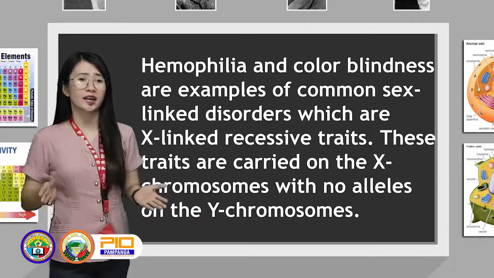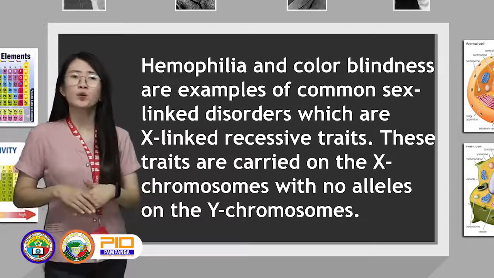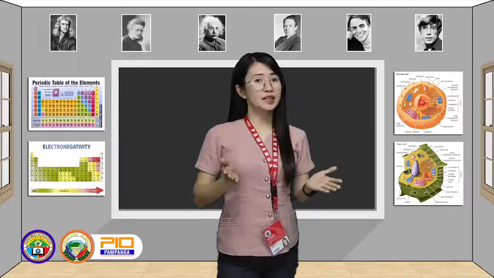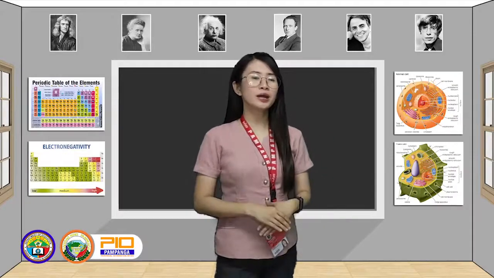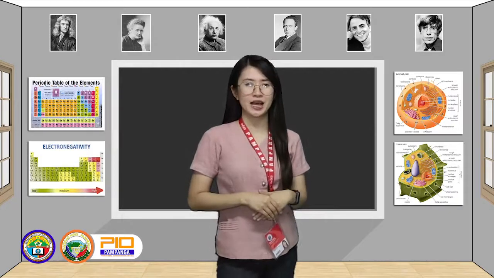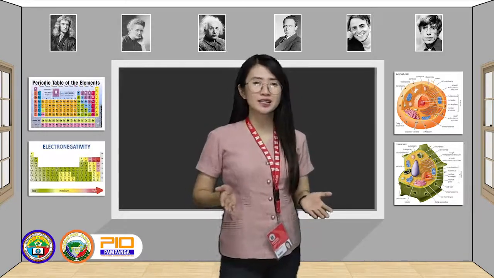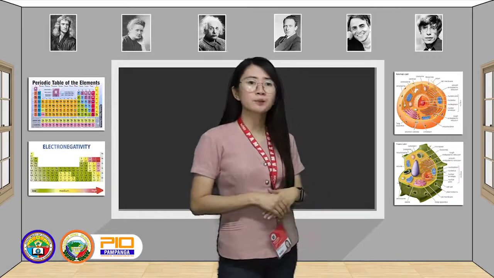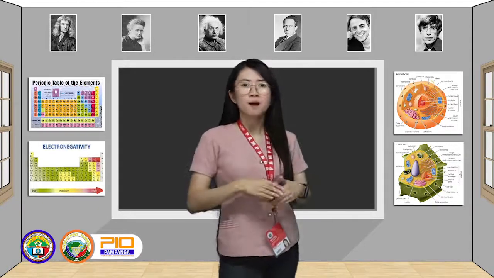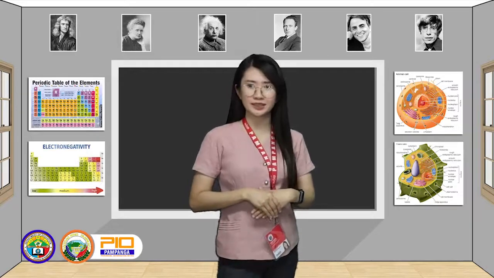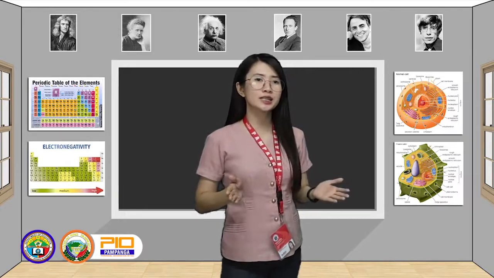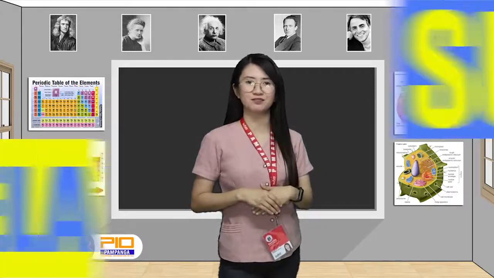These traits are carried on the X chromosomes with no alleles on the Y chromosomes. If the allele is dominant, both male and female are readily affected and traits are expressed. However, if the allele is recessive, the female becomes a carrier, as both of her X chromosomes must carry the alleles to be affected, while the males are readily affected due to the single X chromosome they have.